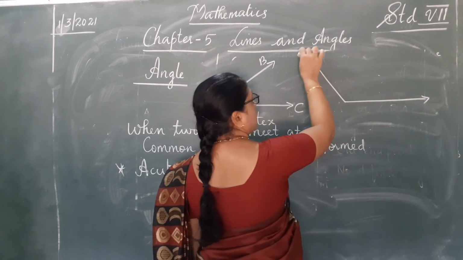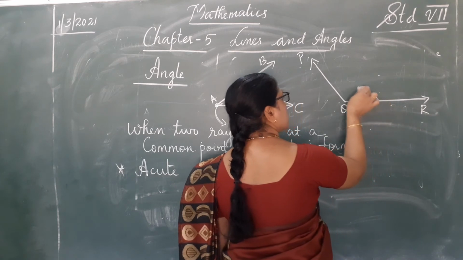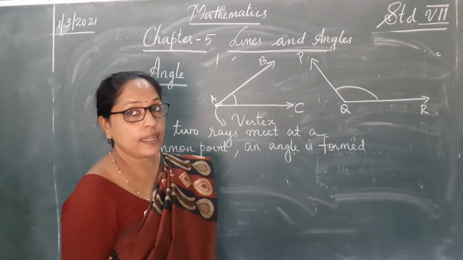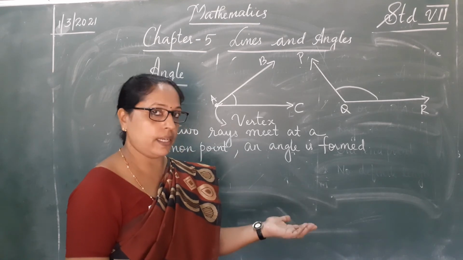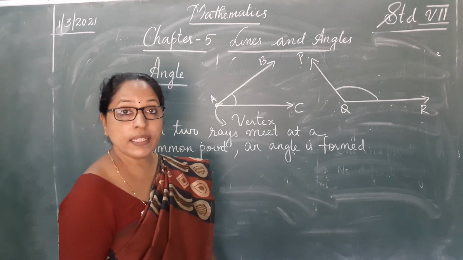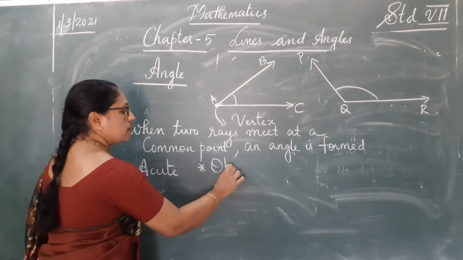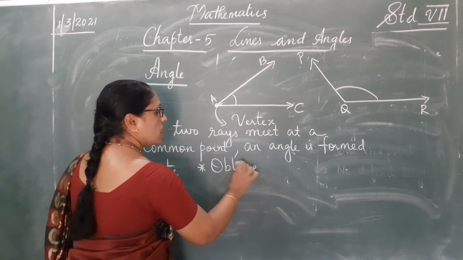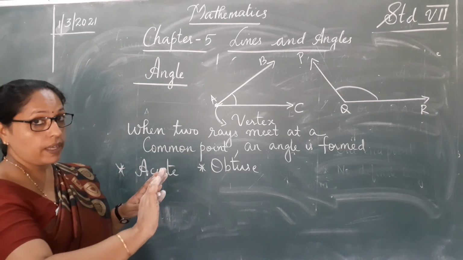Now I'll show another angle. Look at this angle PQR. Is it less than 90? No. It is more than 90 but less than 180. Such an angle is known as an obtuse angle. You have already learned this, that's why I am going through this quickly.